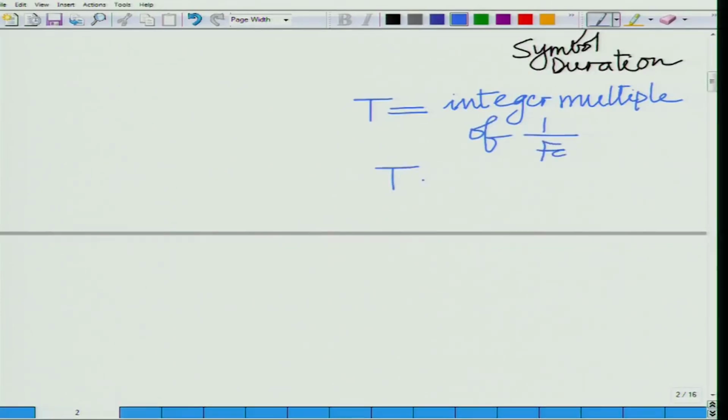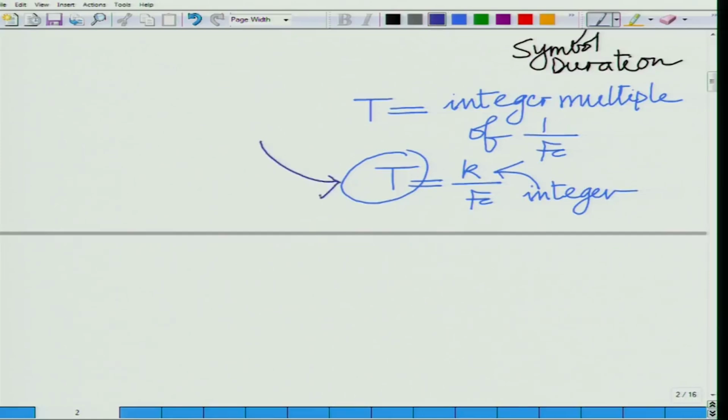That is, T equals k over f_c, where k is an integer. That is basically, this duration T, the symbol duration, contains an integer number of cycles of cosine 2 pi f_c t.